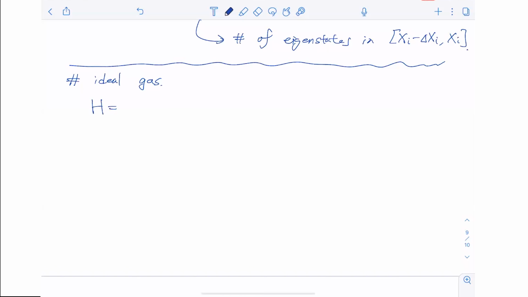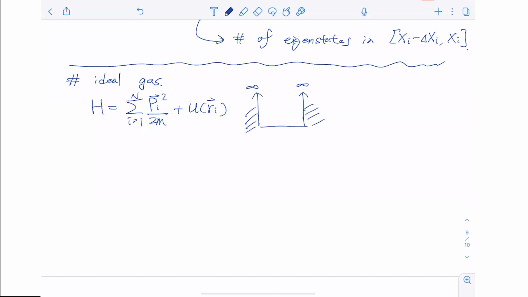So for ideal gas, the Hamiltonian is relatively simple. We just have N particles, and we just sum up all the kinetic energy of our system. And our system is basically confined in a potential that's specified by this U of Ri. And U of Ri, I can write down a more mathematical description, but I think drawing the figure is already enough.